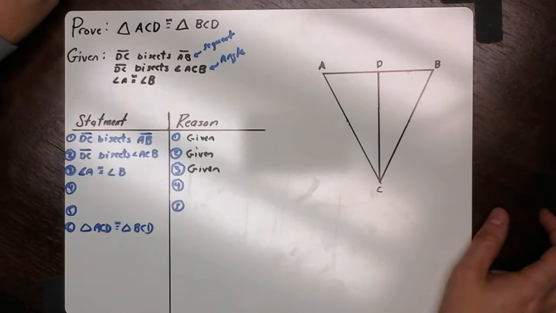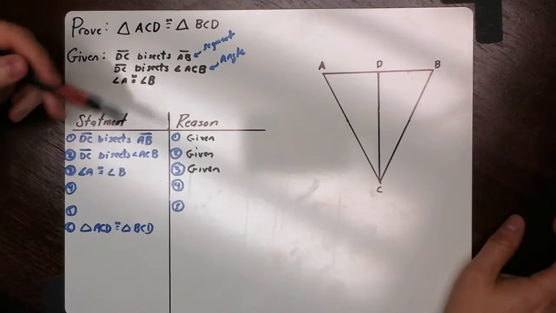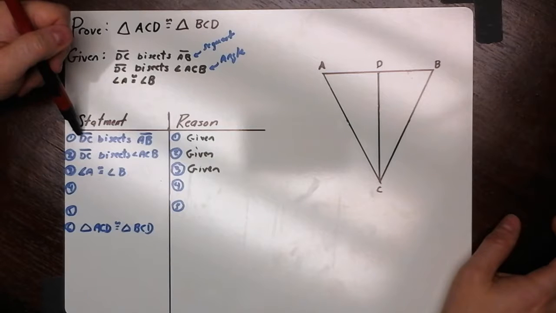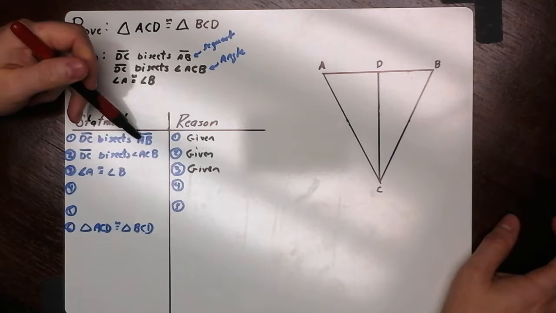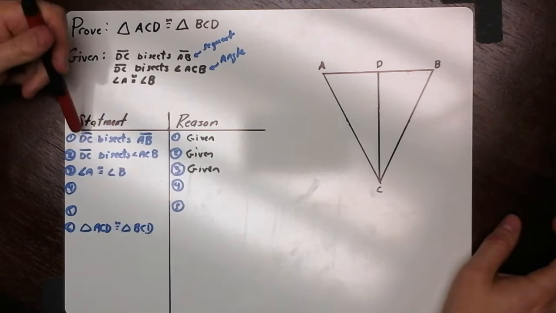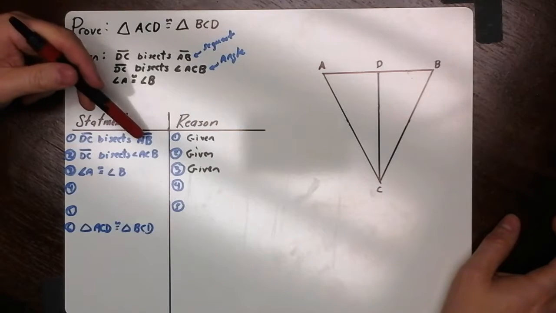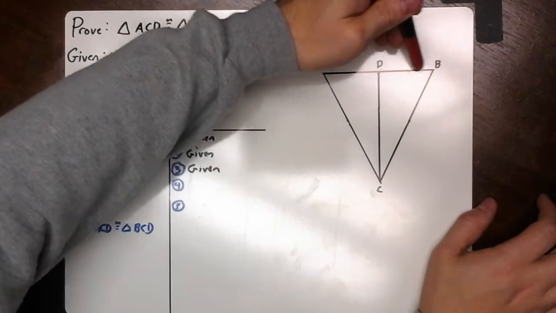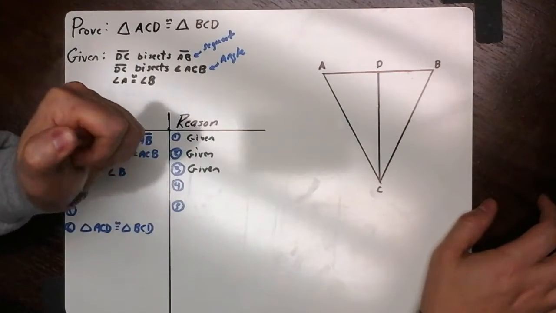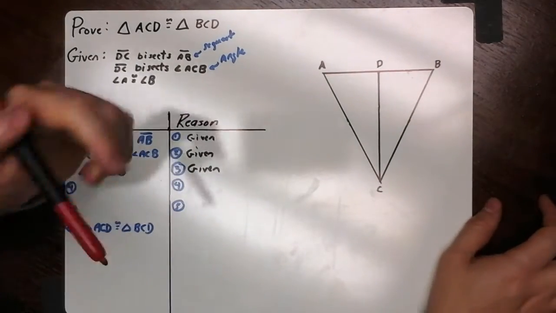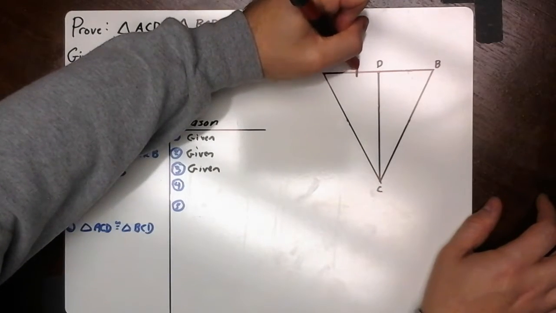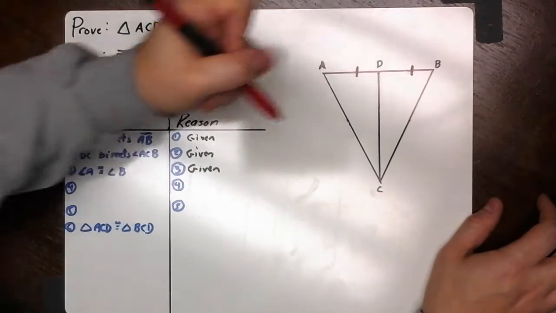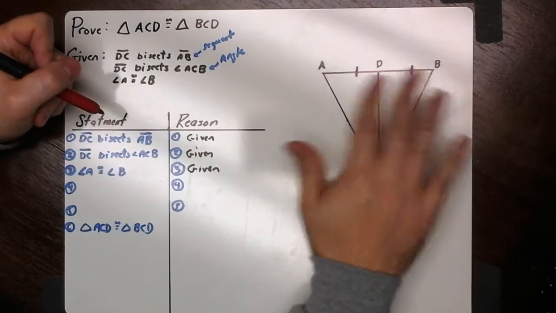Okay, now let's take a look at how to use this stuff. So first I'm going to address the segment bisector. So the segment bisector, DC bisects segment AB. That means this line is cutting this line in half. So if that's the case, that's going to make this side and this side congruent because this is cutting it in half.